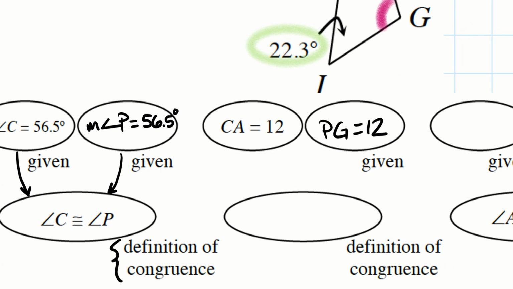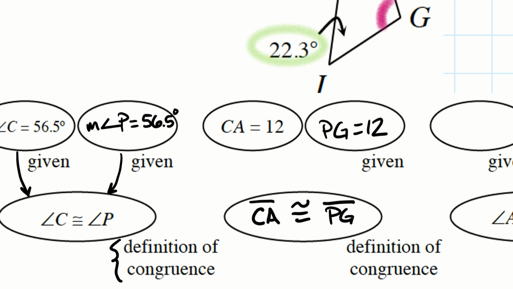So let's talk about this. Since these two segments are equal in length, now I can talk about the segments being congruent. So the notation flip would be, instead of just CA, I'd say CA with a line over it. So now I'm talking about segment CA, right? This is read the length of segment CA, and this is just segment CA is congruent to segment PG.